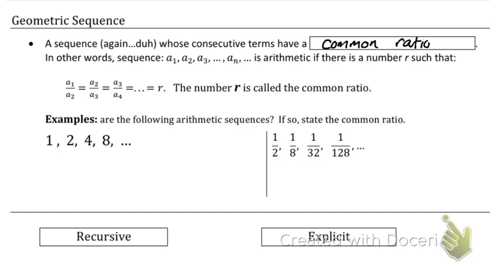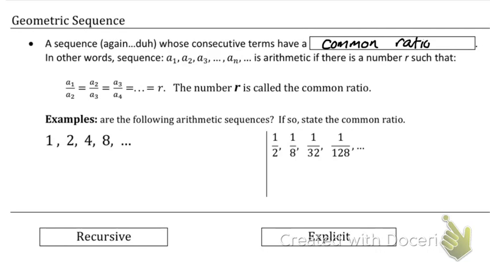What I mean by ratio is it's going to be multiplication. Instead of addition and subtraction, we're going to be using multiplication. So that means to get from one number to another number, I have to multiply by a number over and over and over in order for it to be a geometric sequence.